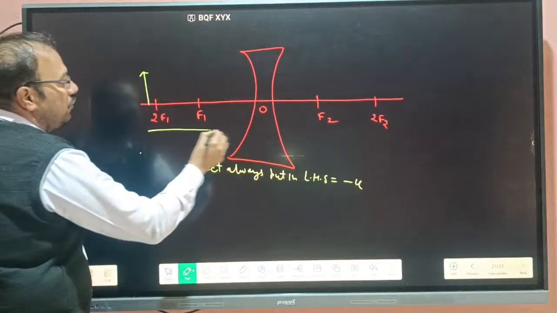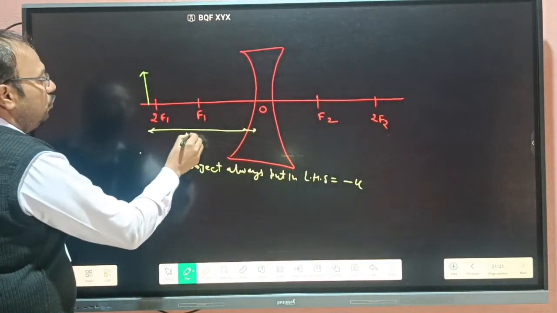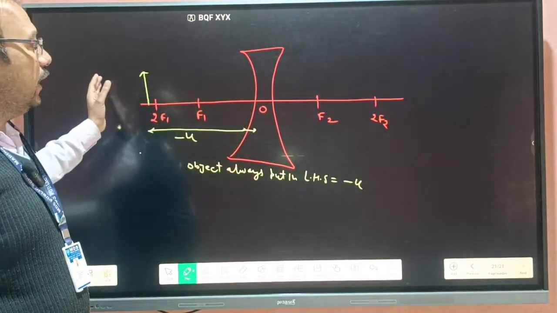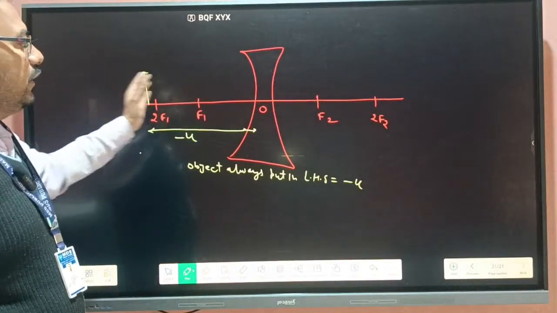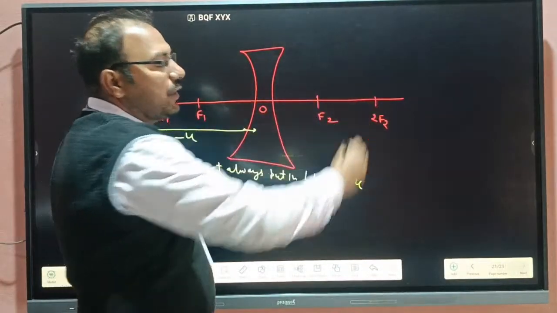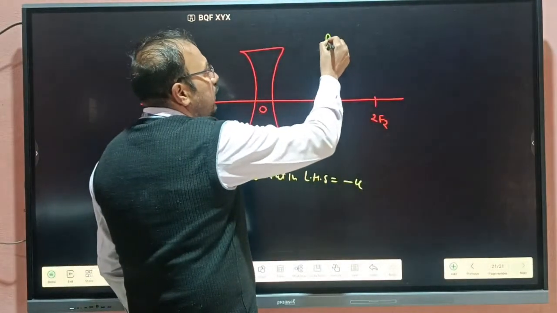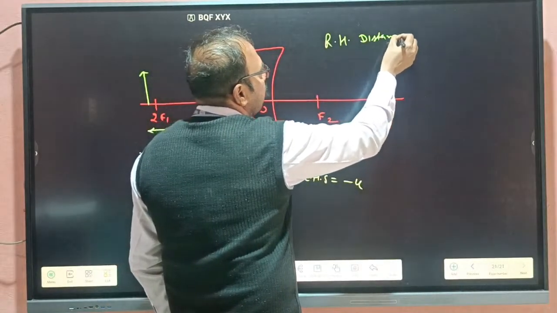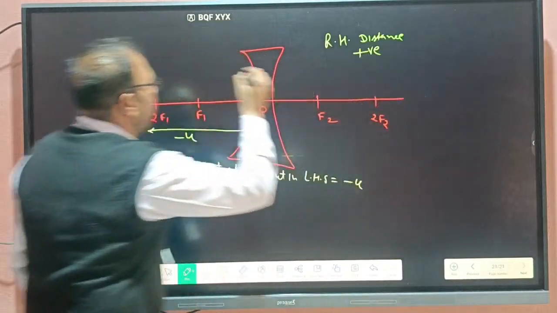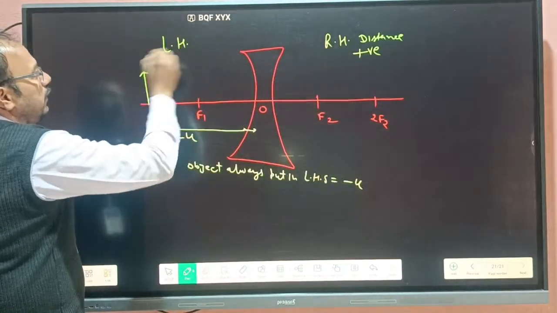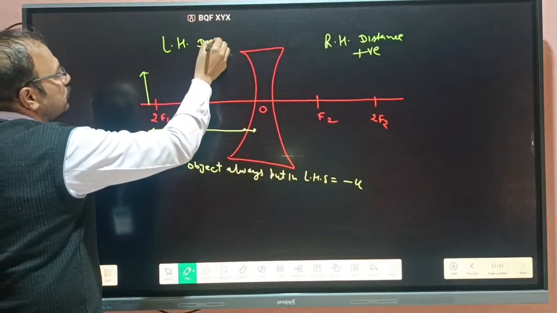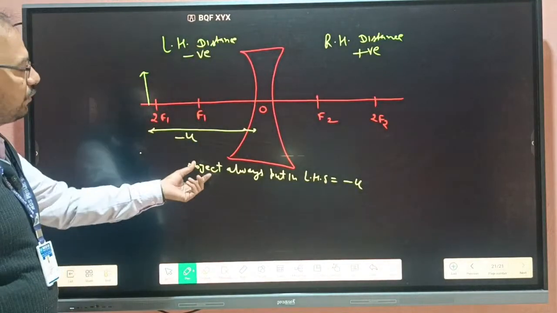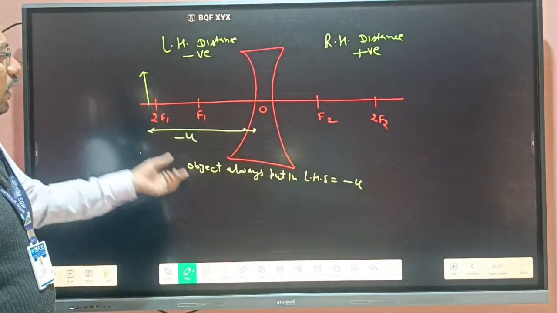This is U, so this is always negative, and all distances on the left hand side are taken as negative, and right hand distances are taken as positive.